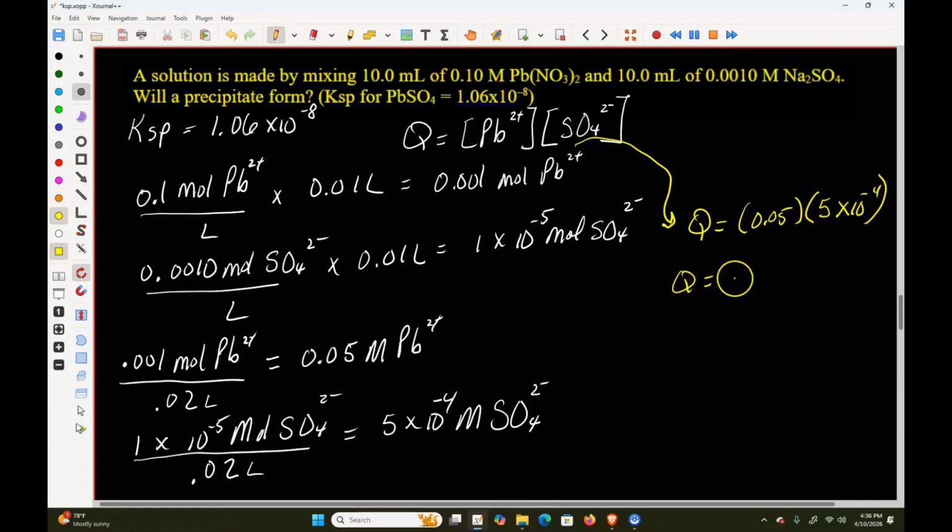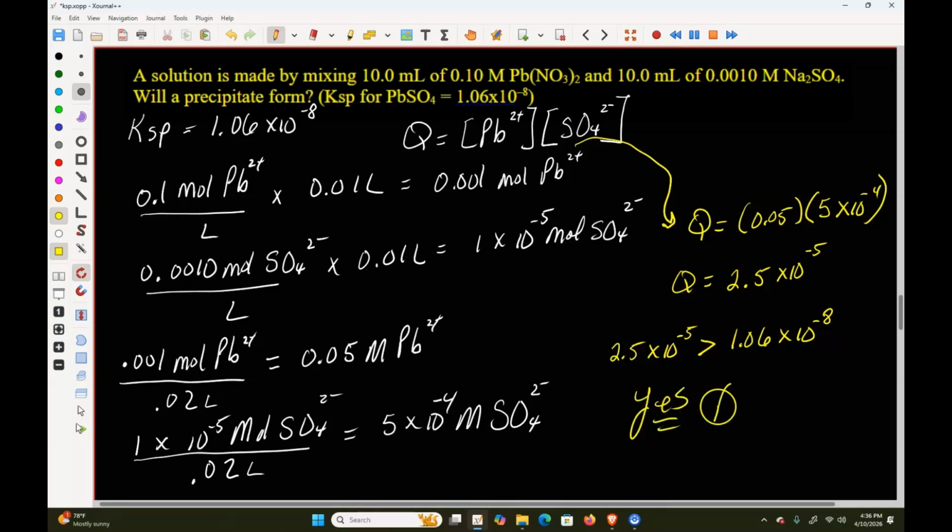So I multiply this out, I get 2.5 times 10 to the negative 5th. Okay, so 2.5 times 10 to the negative 5th is greater than the Ksp value of 1.06 times 10 to the negative 8. So the answer is yes, precipitation occurs.